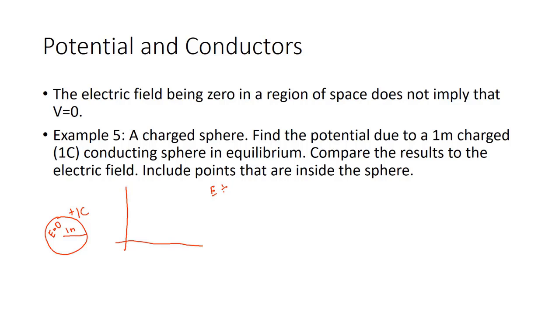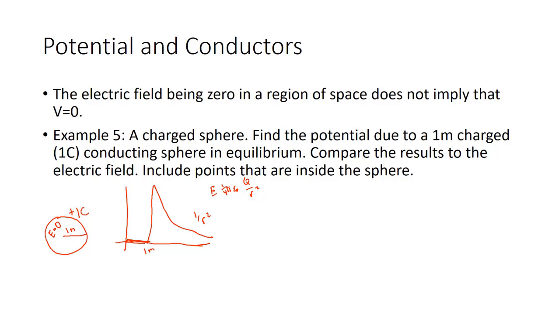E equals 1 over 4 pi epsilon naught Q over R squared for values greater than 1 meter, the electric field is going to die off as 1 over R squared.